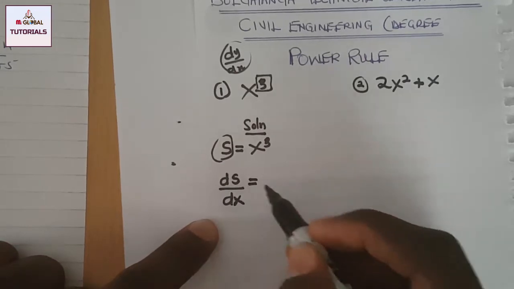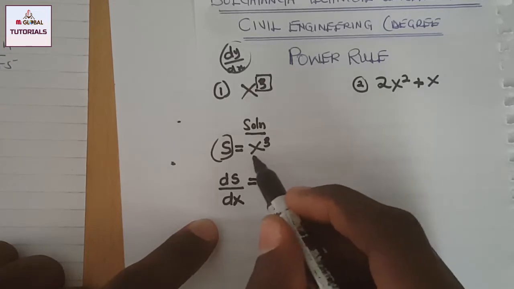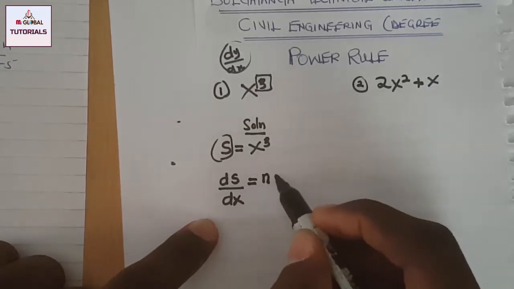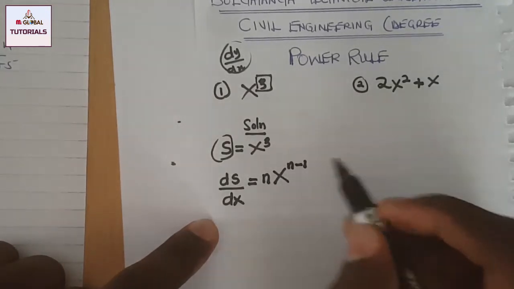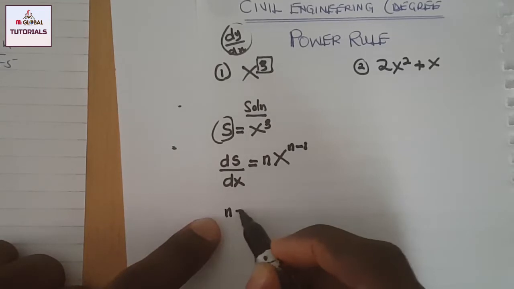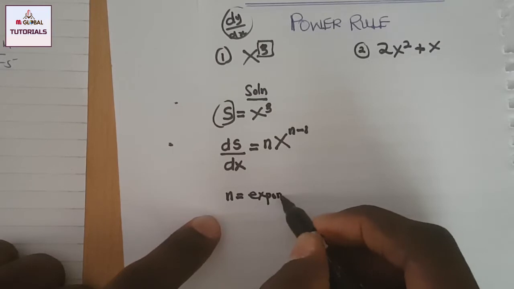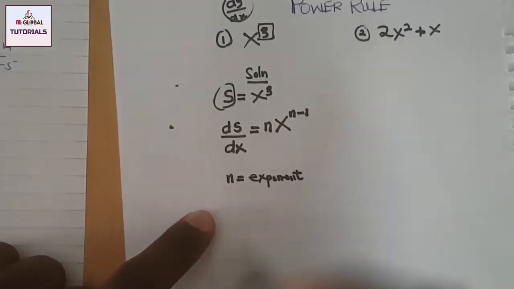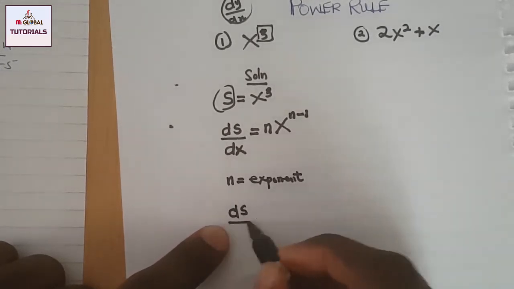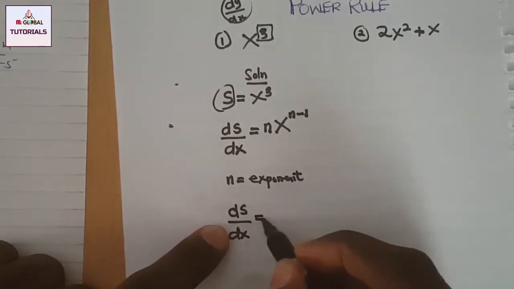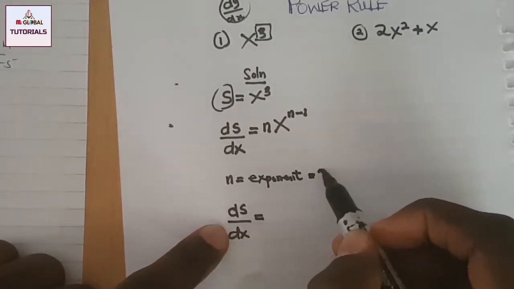In the power rule, the formula is n times the independent variable, that's x, to the power n minus 1. So n is the exponent, which is equal to 3.